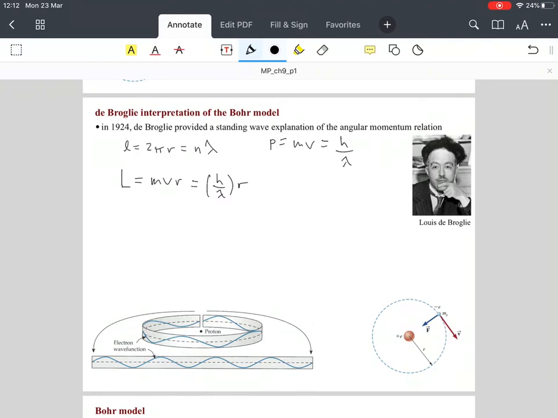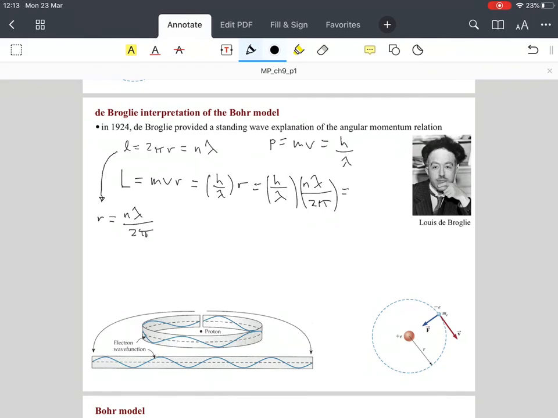Now, we can then substitute in from this equation here that r is equal to n lambda over 2 pi. So this now becomes h over lambda times n lambda over 2 pi.